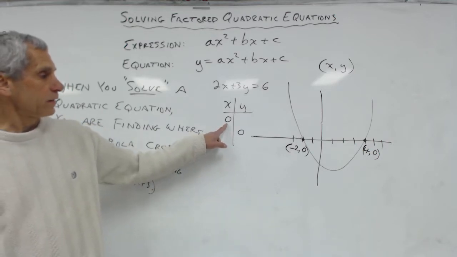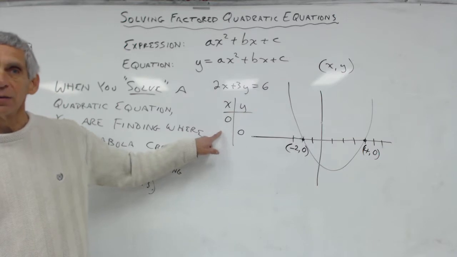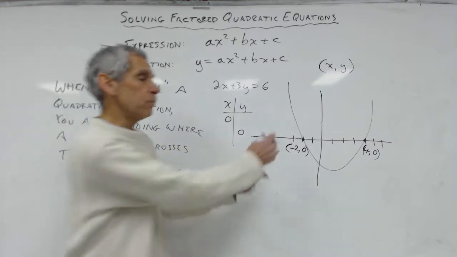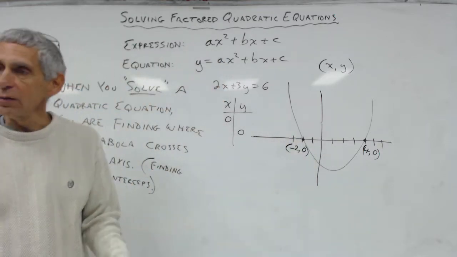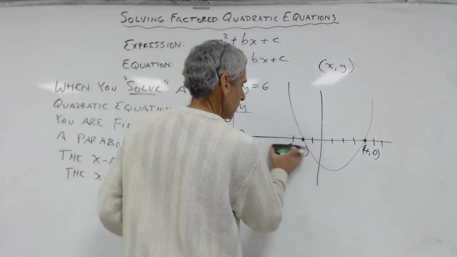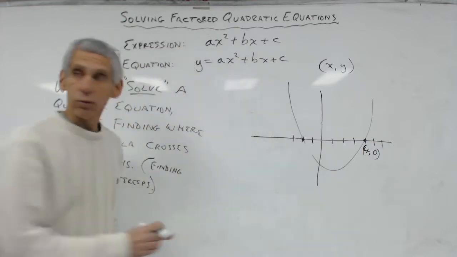When you make y 0, you're finding the x-intercept. And it's a point on the x-axis. Remember that? Well, we're going to be doing that with parabolas. Only with parabolas, you have 3 possibilities.